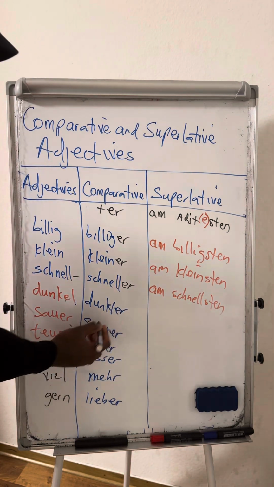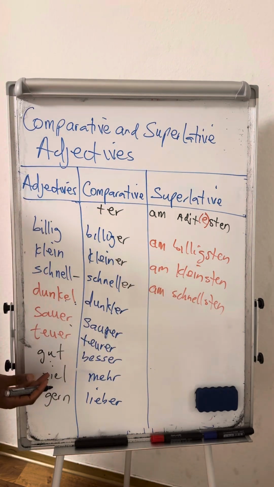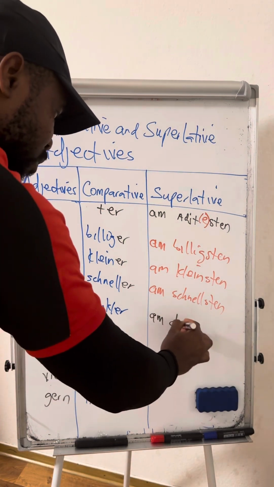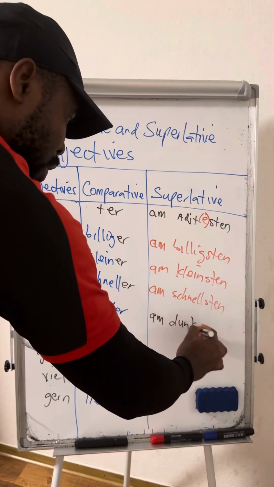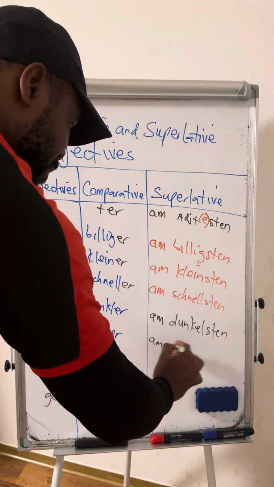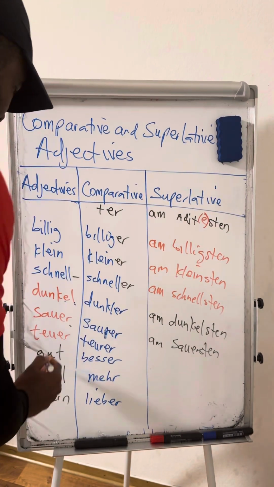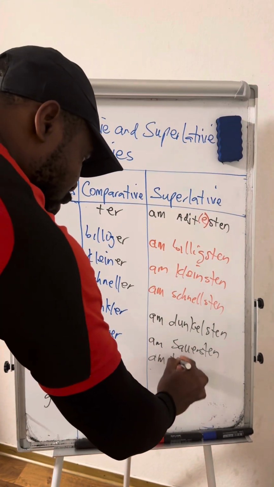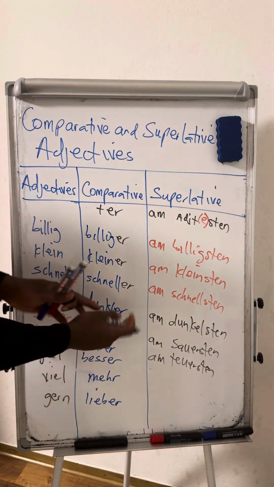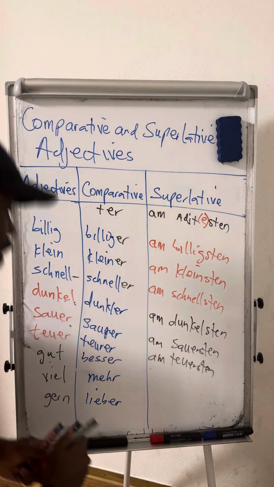Now, in the comparative form, they interchange. In the superlative, you revert to the normal form, meaning here will now be dunkelsten. Here will be sauersten. Here will be teuersten. You understand? It is only in the comparative that they interchange, but in the superlative, it remains the way it is.